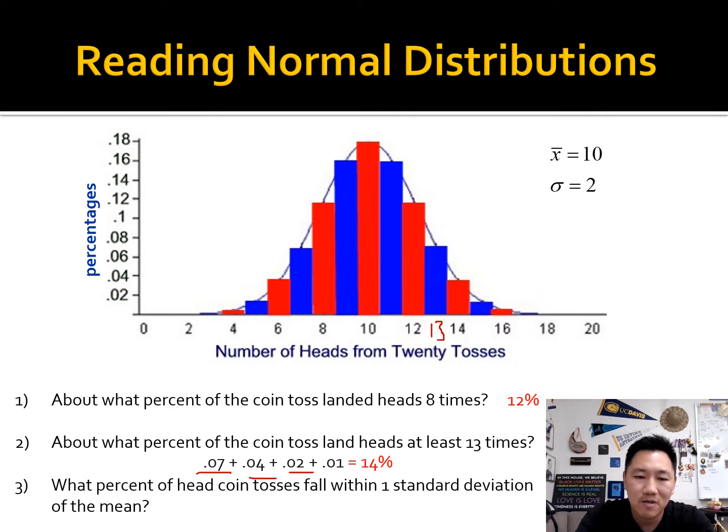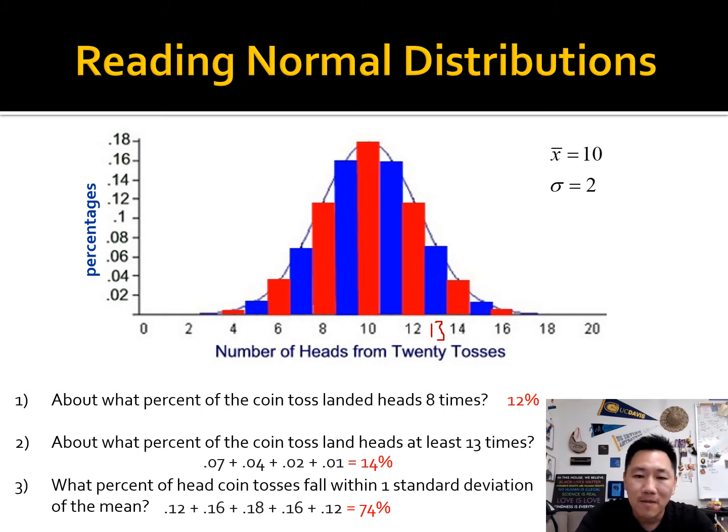Let me clean it up a little bit. What percent of head coin tosses fall within 1 standard deviation from the mean? All right, so here is when we have to, oh, I gave you the answer, but let's look at how I got the answer.